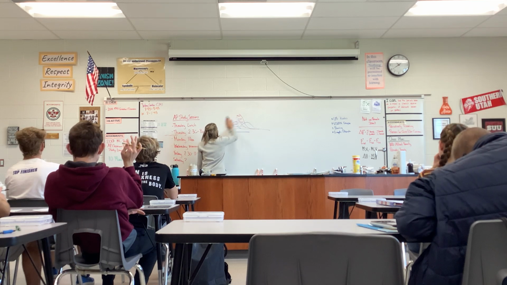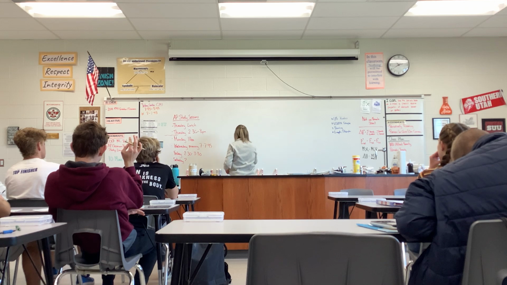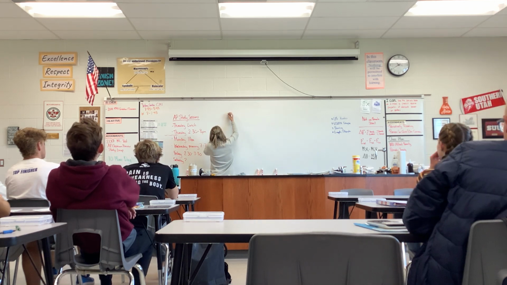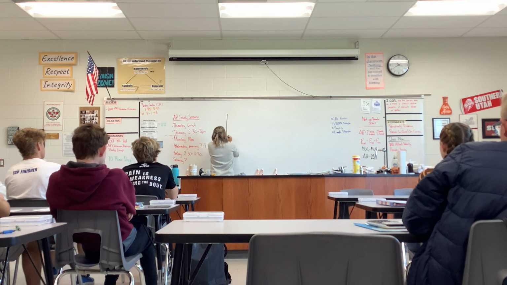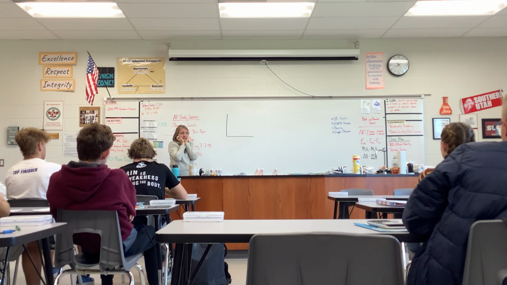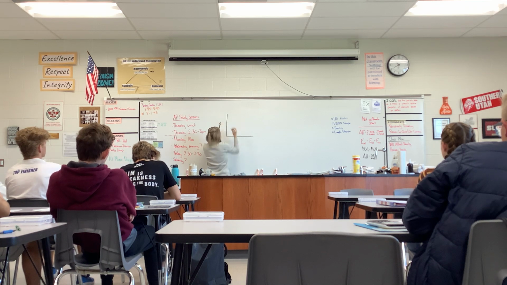Other big graphs, we'll bring in absorption. That was a good one. So absorption graphs: let me think of my axes really quick. Normally this is absorption, and then this is concentration, meaning molarity.